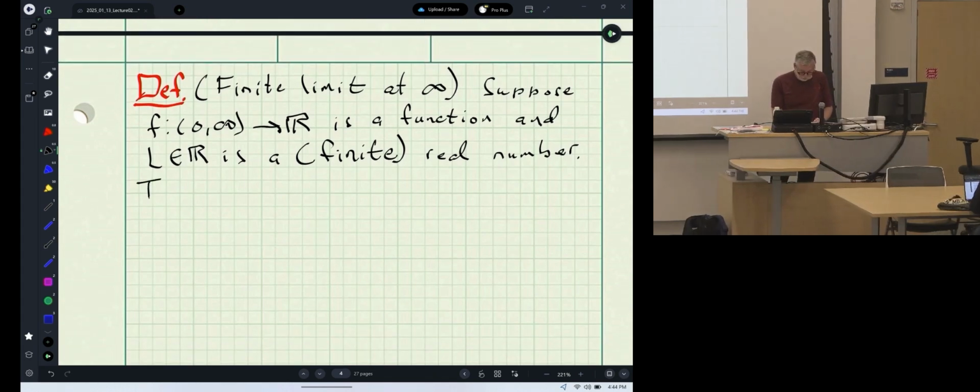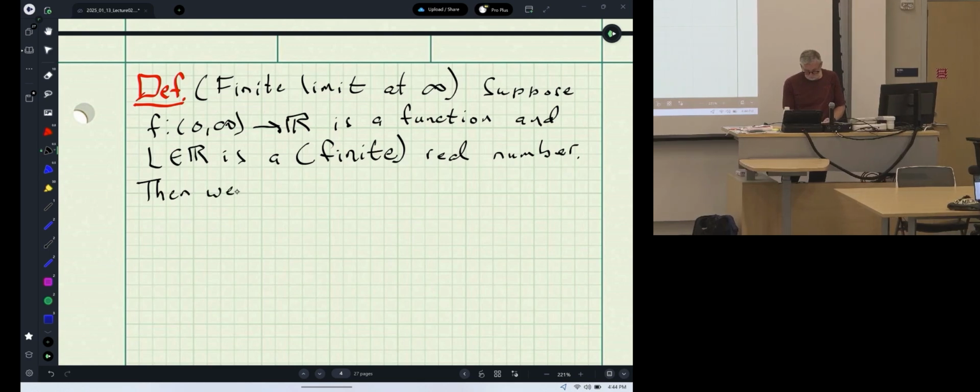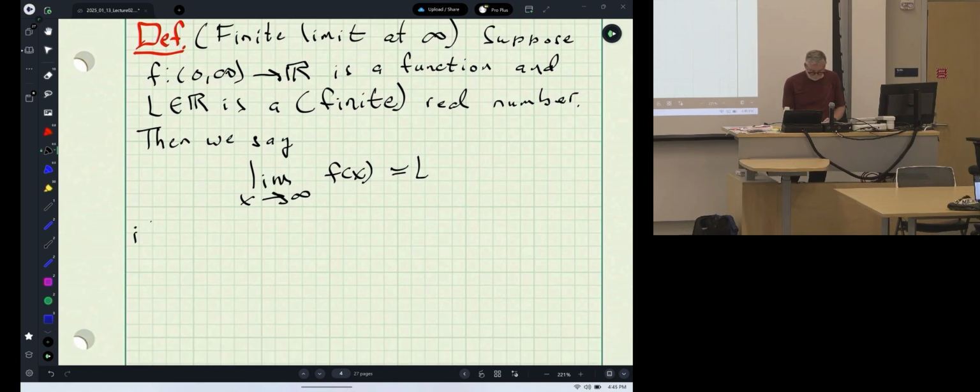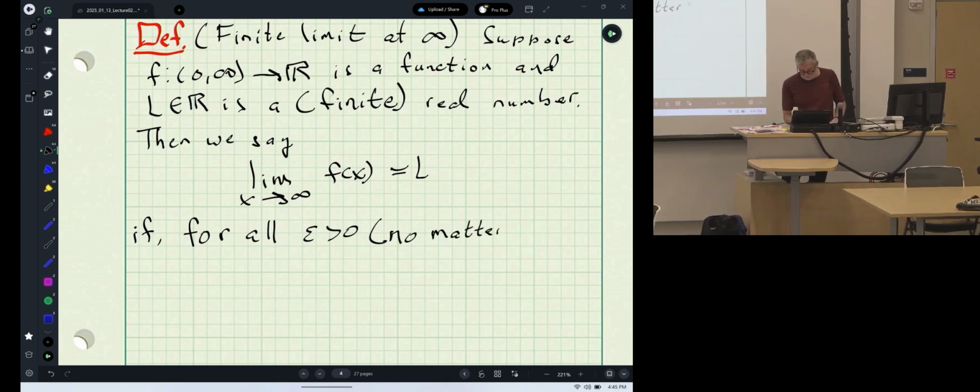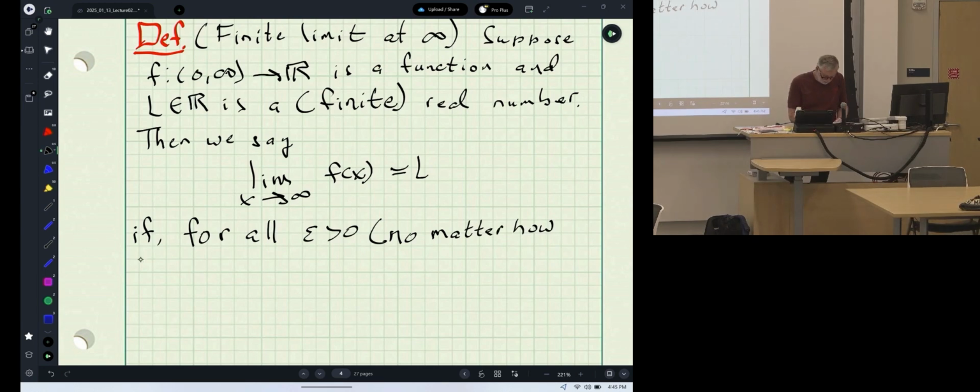Then we say the limit as x goes to infinity of f of x equals L if, for all levels of precision, so epsilon greater than 0, and since it's for all epsilon, this is redundant, no matter how small, but it just helps to emphasize what we're focusing on.